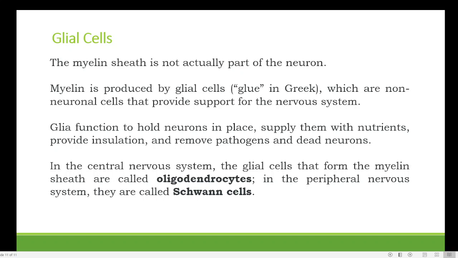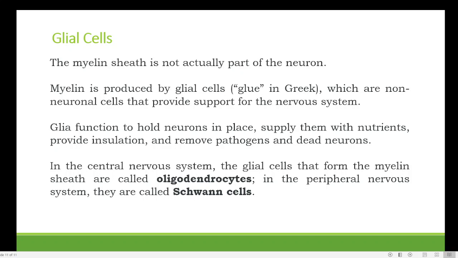Here you can see that there are two types of glial cell. The glial cell present in the central nervous system, meaning the brain, is known by the name oligodendrocyte. Whereas the myelin sheath present in other neurons of the body is formed by Schwann cells. So there are two types of nervous system. One is the central nervous system, which includes the brain and spinal cord.